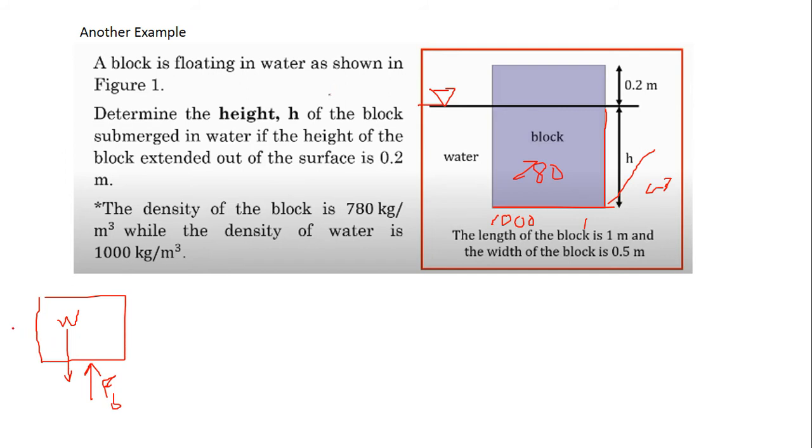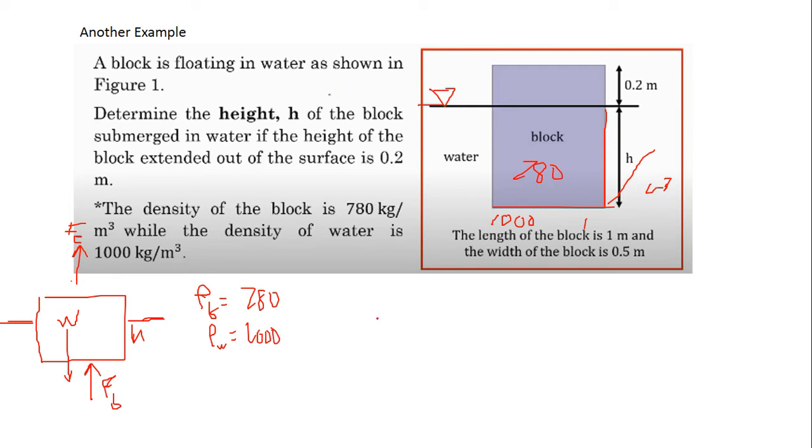It is like this, half in the water. You might have whatever, up or downward, you don't know, but we're not interested in this because they just want to find the height of the submerged body. They give you the rho of the block, 780, and the rho of the water, you will know, 1000.